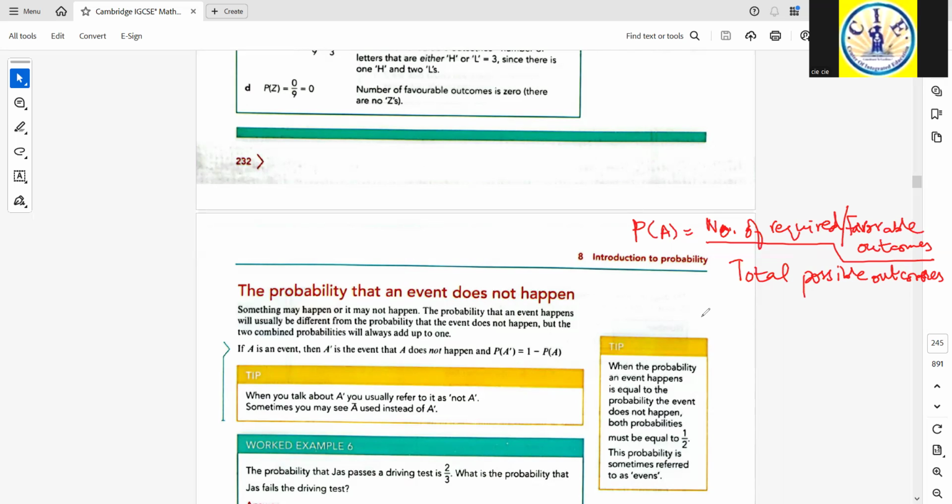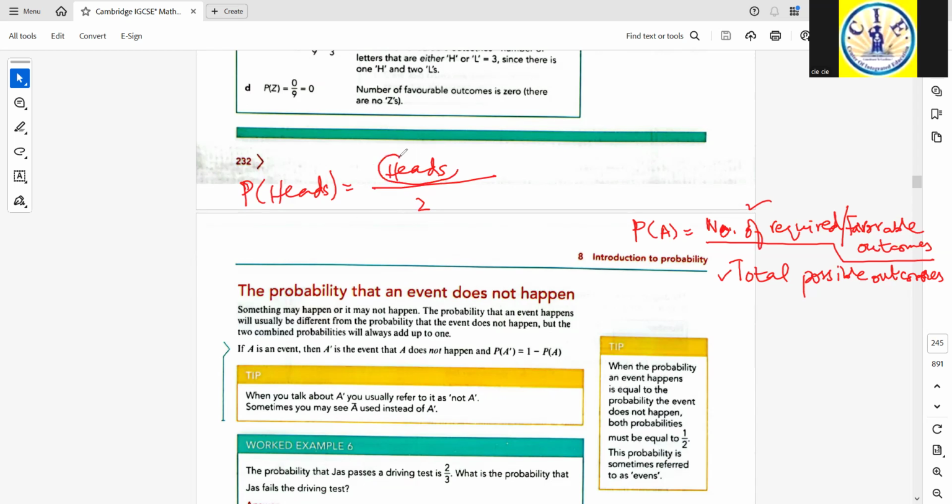Like for example, in the previous example of getting a heads, probability of heads, let me apply this same formula on that. In the sample space, we were having heads or tails. So the number of outcomes was 2. So in the denominator, I'm going to write down 2 for the total possible outcomes. And if the team is going to win having the heads, heads is just one of the two possible outcomes.